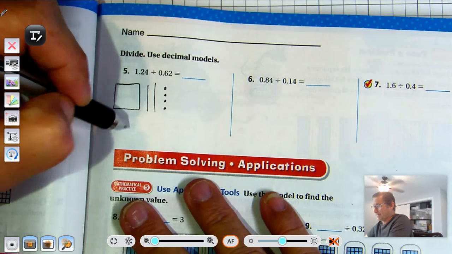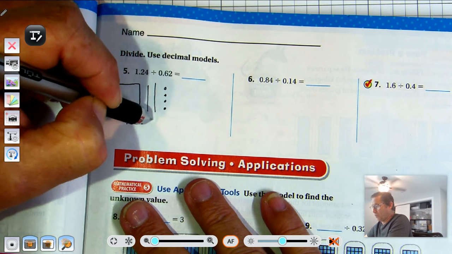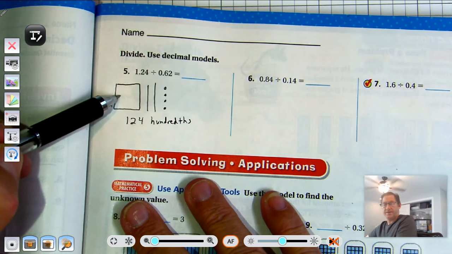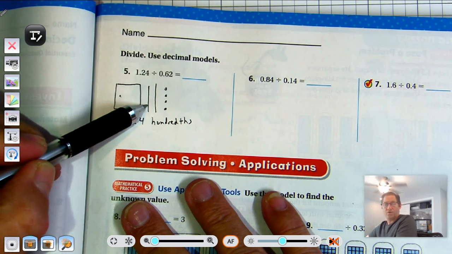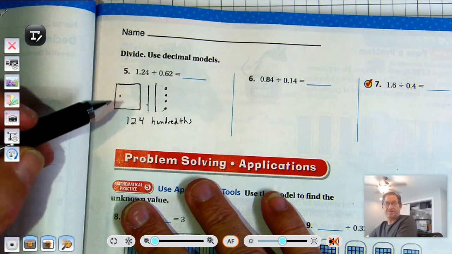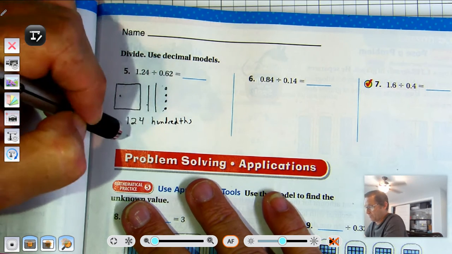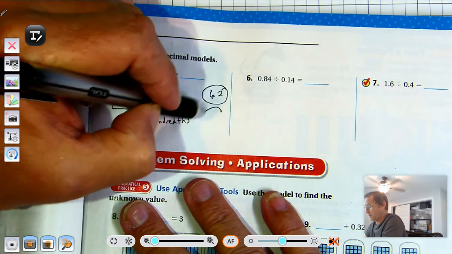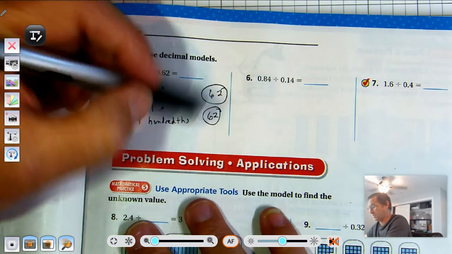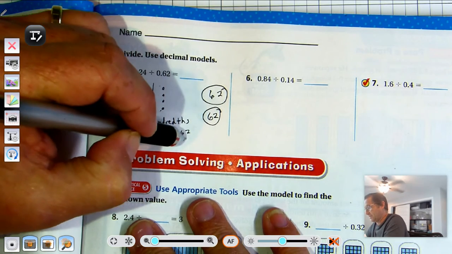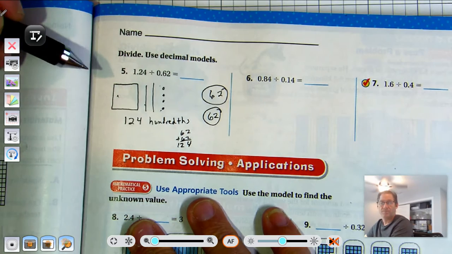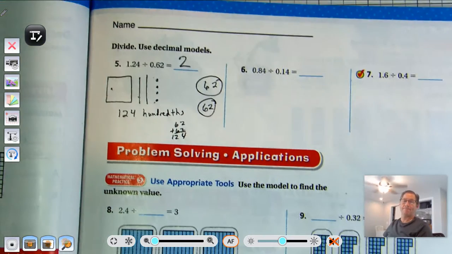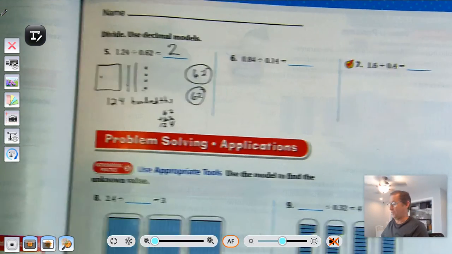Well, this is basically 124/100. 100 here, 20/100 here, and 4/100 here, in groups of 62. So 62 in one group. If I put 62 in another group, how much is that? 62 plus 62 is 124. So I can get 2 groups of 62/100. All right, 84/100.